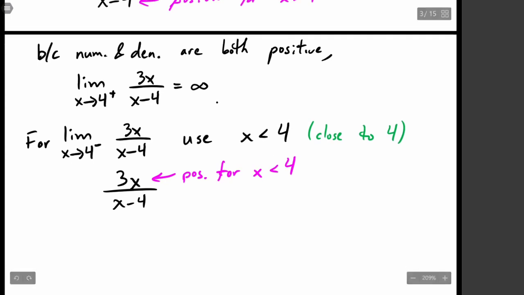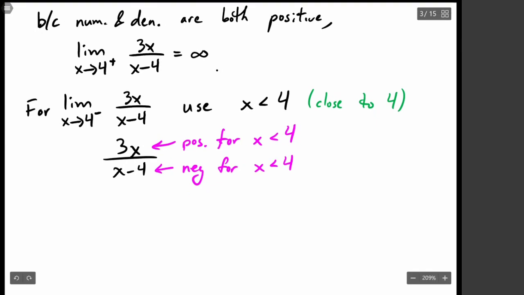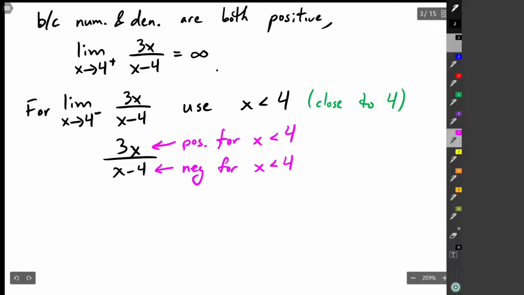Now back to this. The top is positive. The bottom, on the other hand, is negative for x less than 4. So this fraction, with a positive top and a negative bottom, would overall give us a negative fraction.